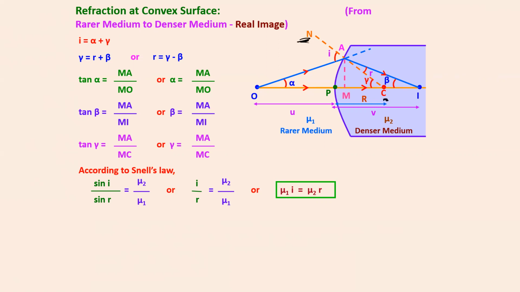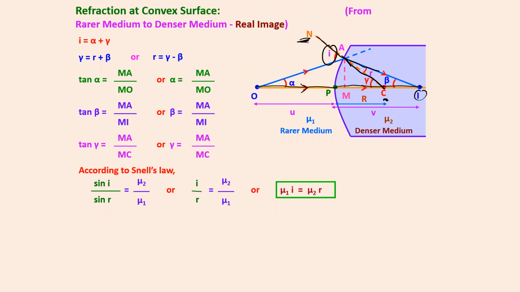NC is your normal, and it bends towards it, and that is how it meets the principal axis at I. Another ray is OP, which is undeviated and goes directly to I. That is how I is considered as the image, and that is how the angle of incidence and angle of refraction we got.